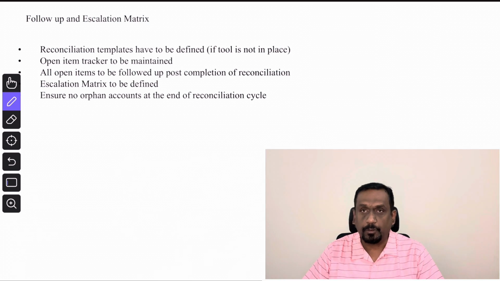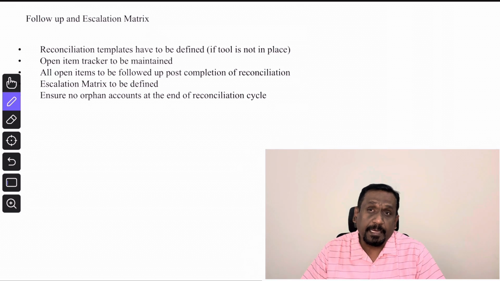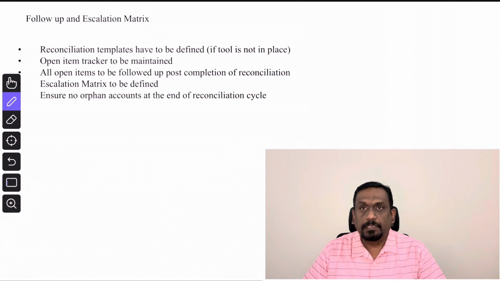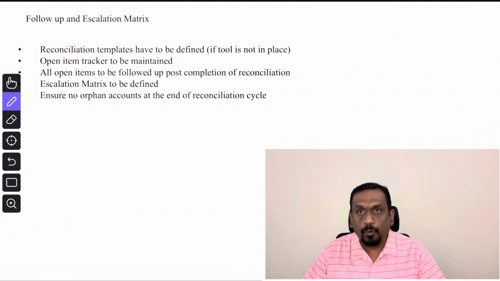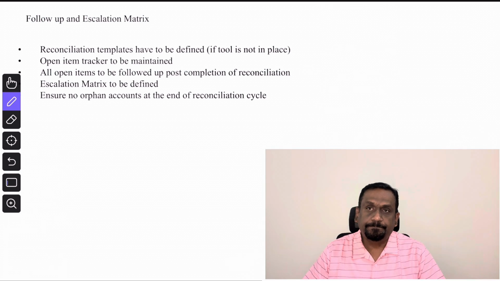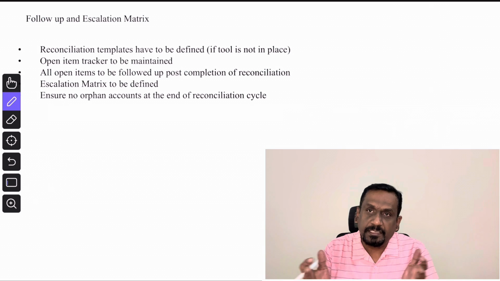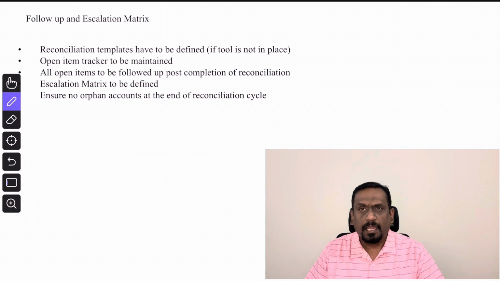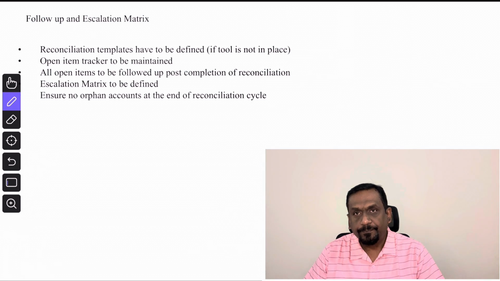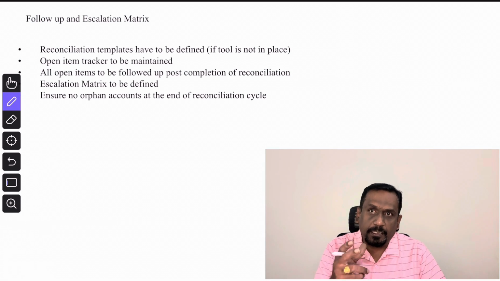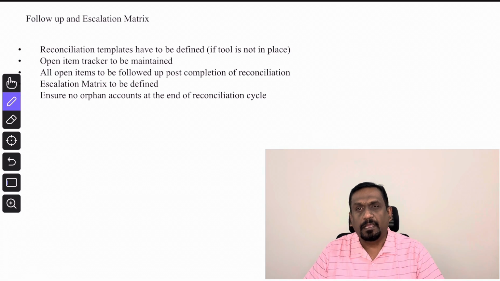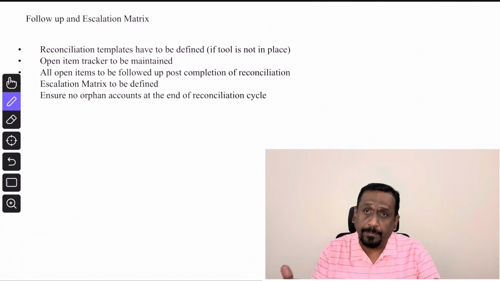Number one. Number two, in case you think that you are still not comfortable defining your own reconciliation template, you can look at the existing templates and pick one among them that you feel is going to be a standard, or that you can make a standard.